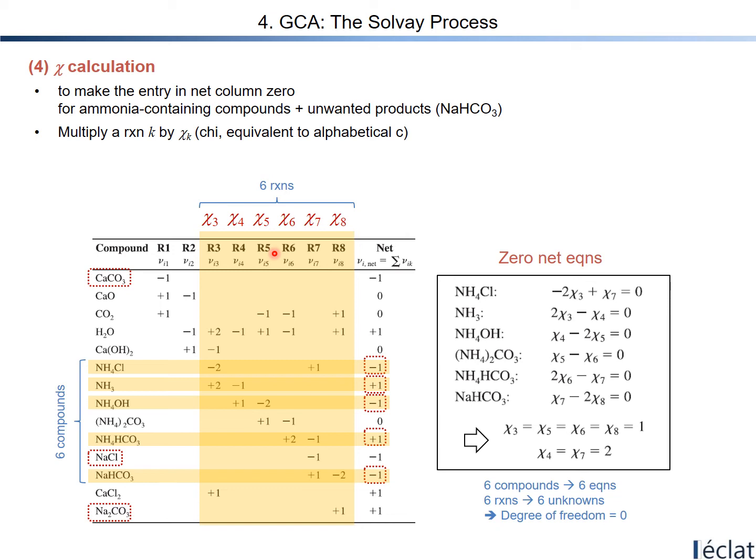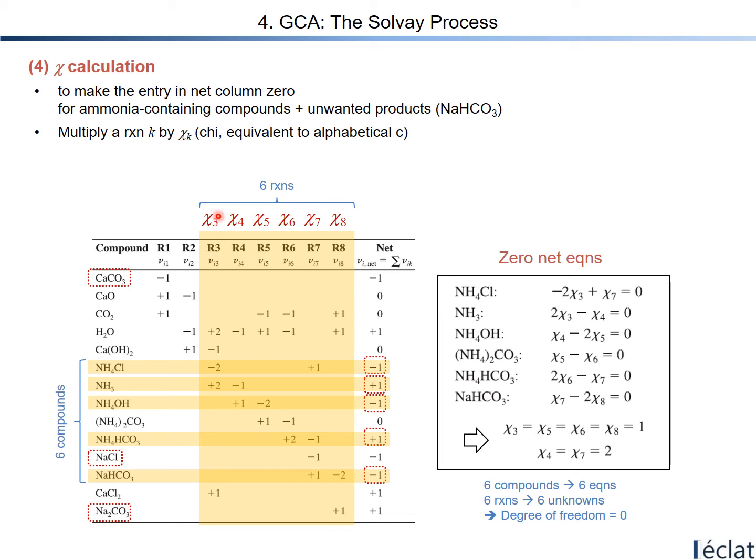First, let me check the compounds. Those are in my blank list, right? Excluding sodium chloride. So we will touch 1, 2, 3, 4, 5, 6, right? 6 compounds, and these 6 compounds are related to reactions 3 to 8, except reactions 1 and 2. So I take care of only those 6 reactions. Then I put chi 3, chi 4 to chi 8 above reaction 3 to reaction 8.